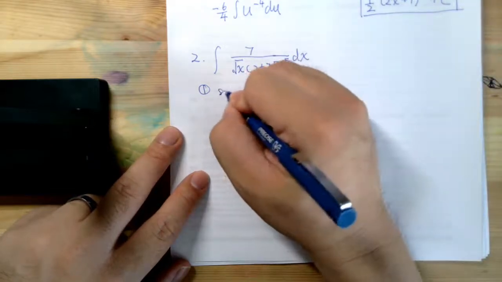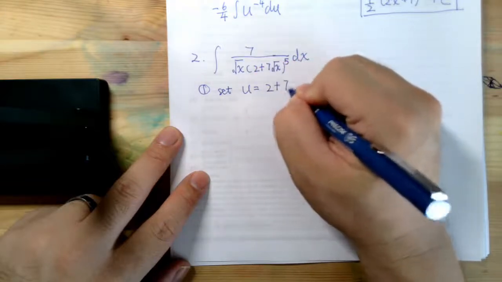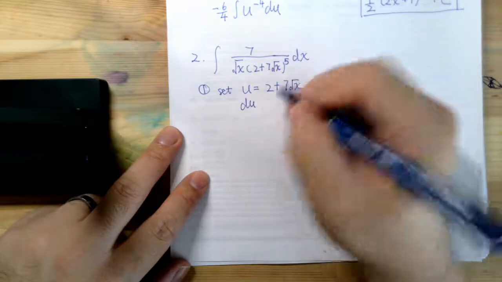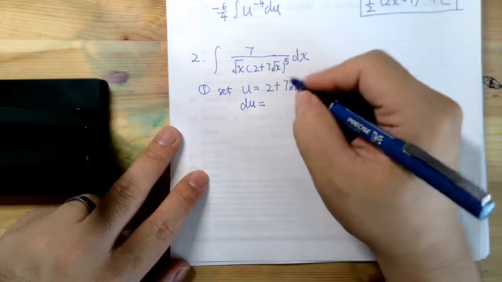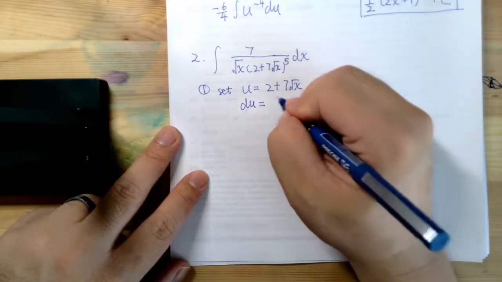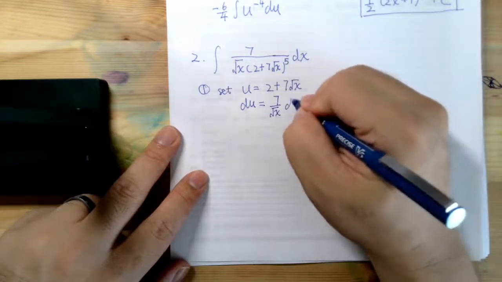So we set our u equals 2 plus 7 square root of x. Then it's easy to find that du is going to be the derivative of this part.